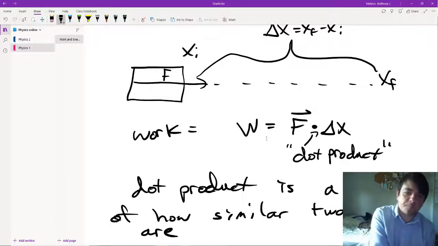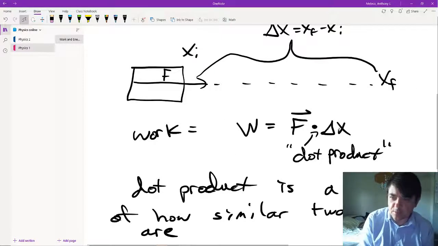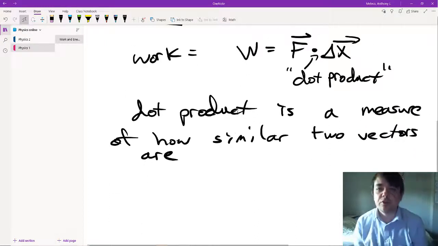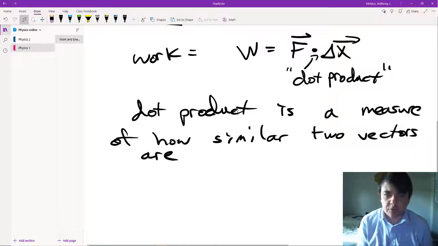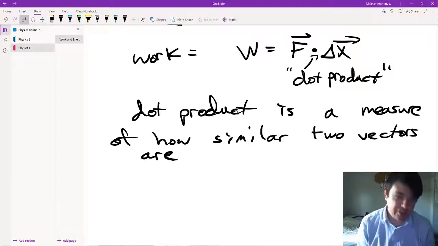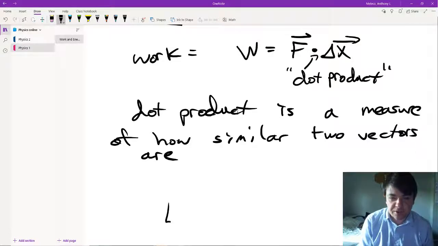vectors are. And in this case, the two vectors we're concerned about, whoops, I forgot to put displacement as a vector, because displacement is a vector. It's going to the right, that's the displacement. It's a measure of how similar two vectors are. In this case, we're concerned with how similar the force and the displacement are to each other. So let's say we're pushing this box, and this box is going like crazy.